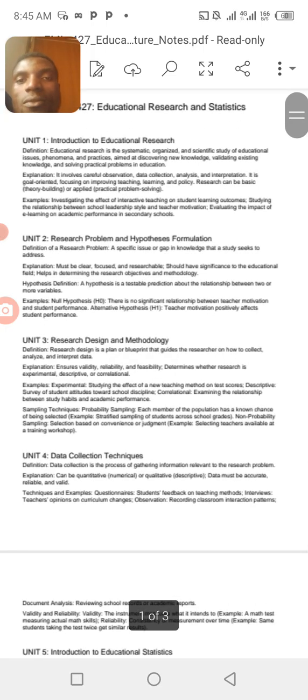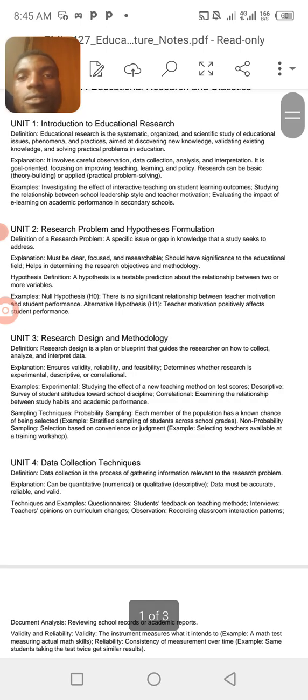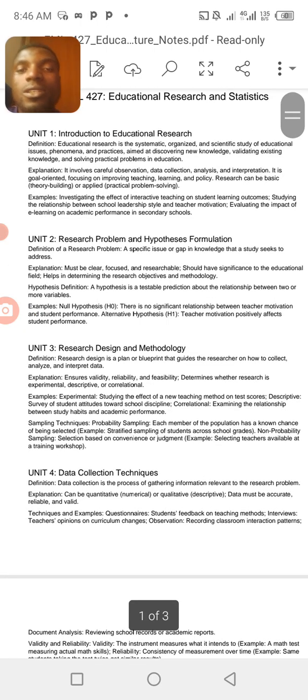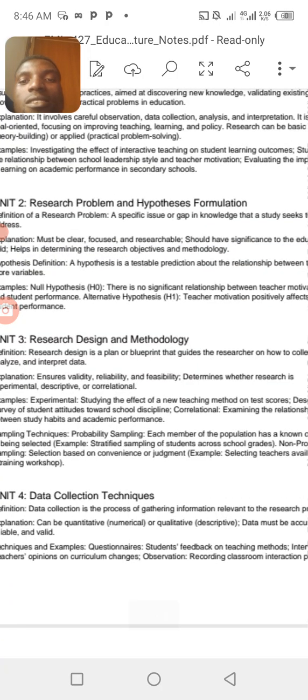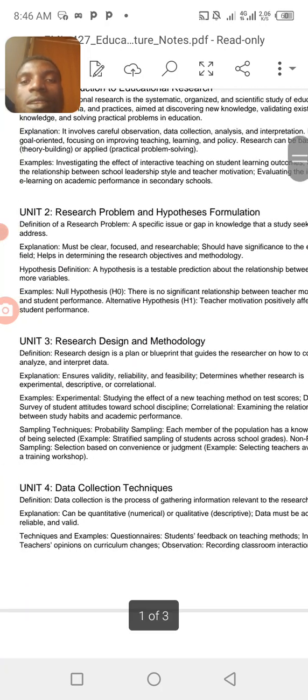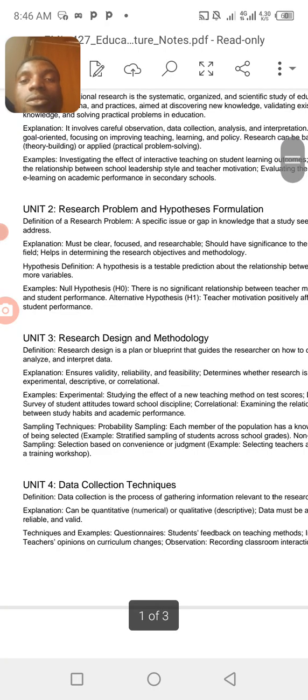So for that, we are going to be looking at Unit 1, which will talk about Introduction to Educational Research. Then Unit 2, we are going to talk about research problems and hypothesis formulation. Research problems, for you to bring an outcome or a conclusion on a specific survey being conducted.